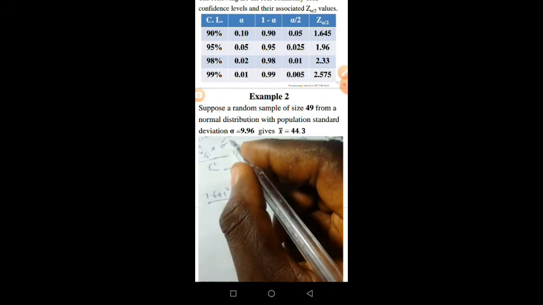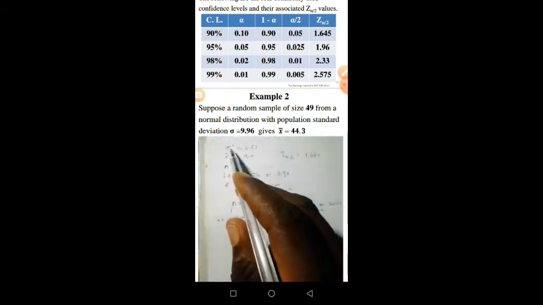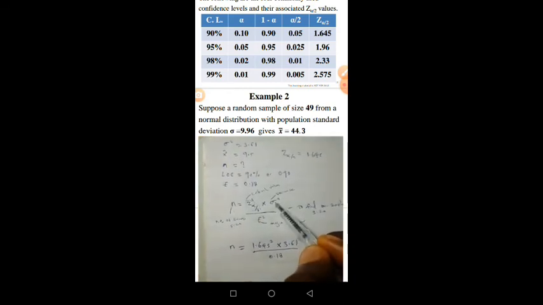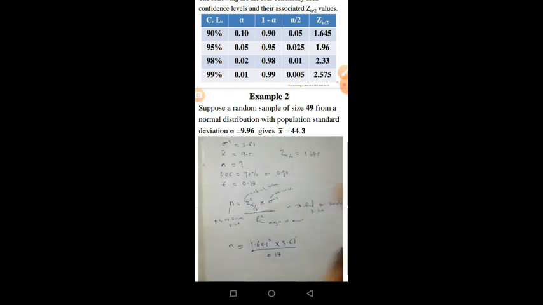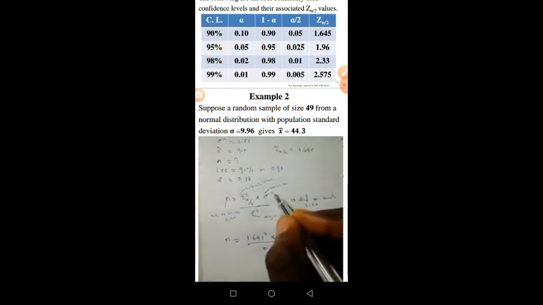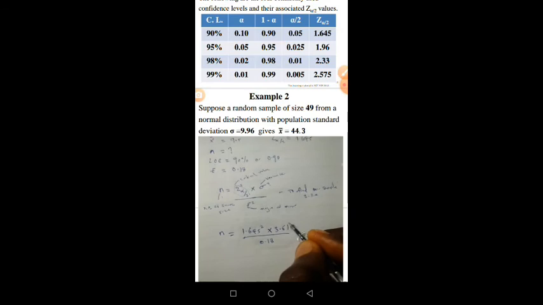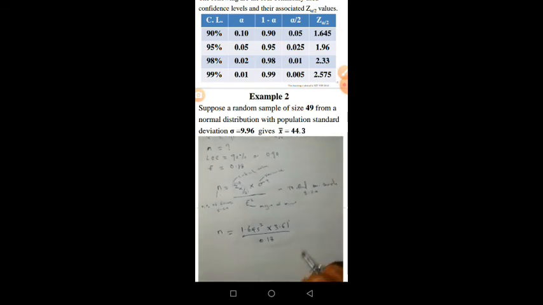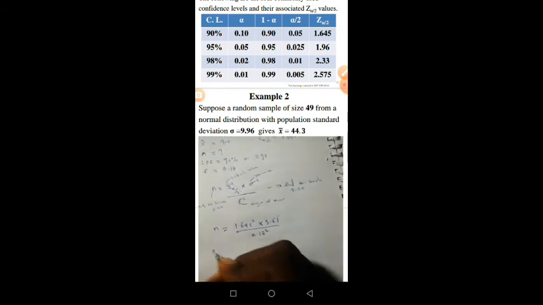This sigma square is representing variance already. It's a variance symbol, so we don't square this again. But we have to square this. Then n equal to what?